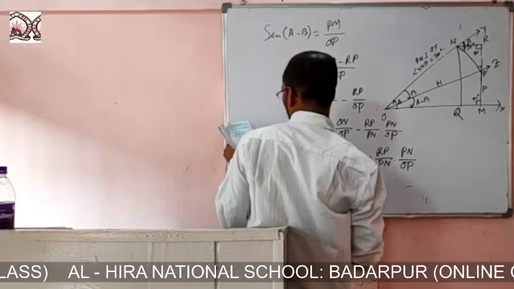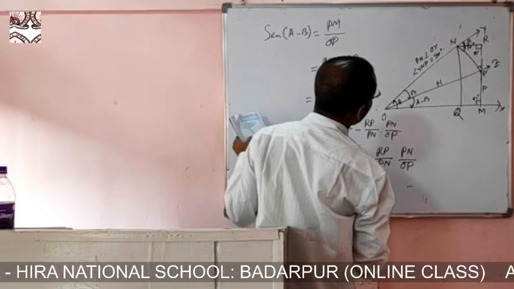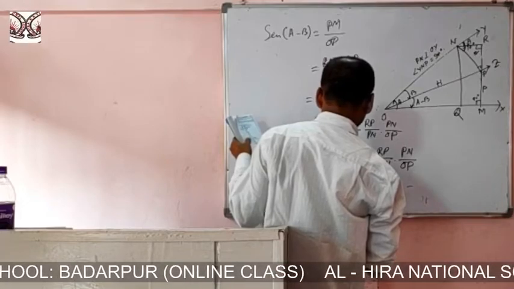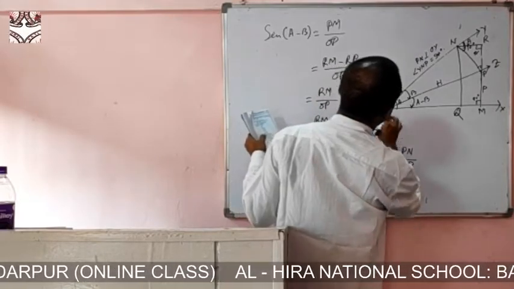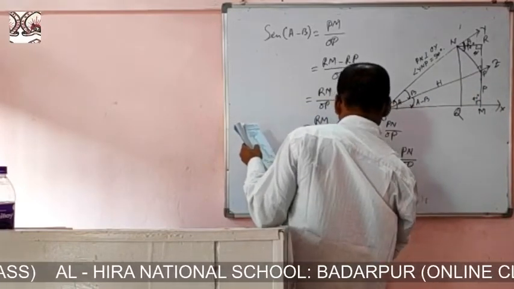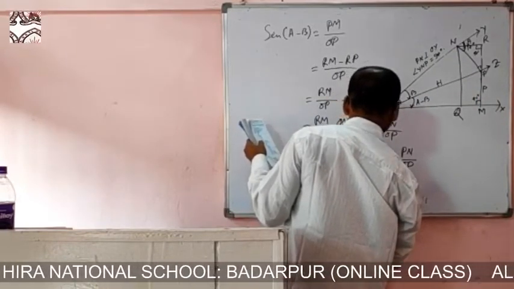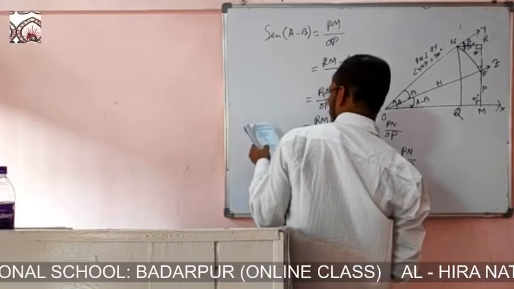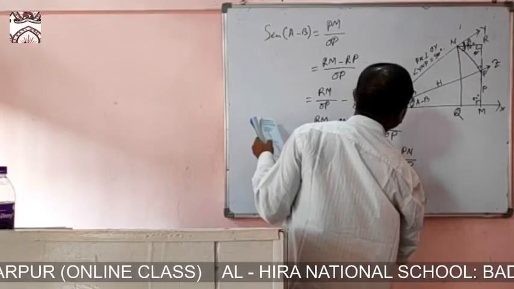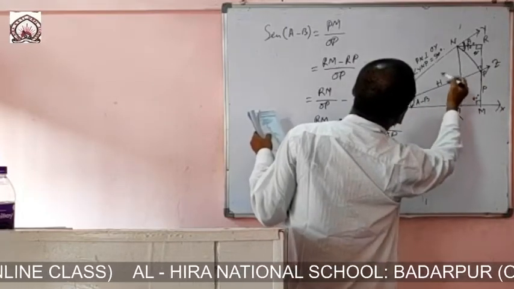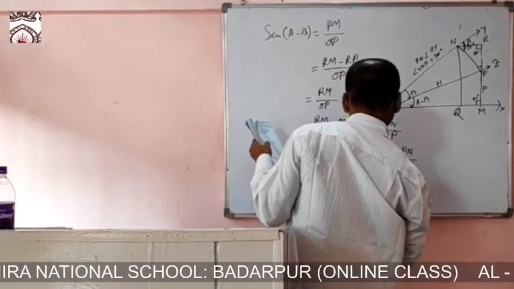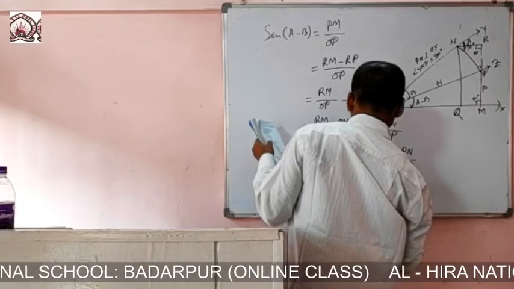ON is base, so this will be base by hypotenuse, minus RP by PN, which is base by hypotenuse.